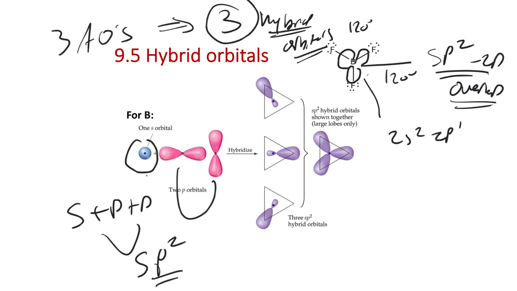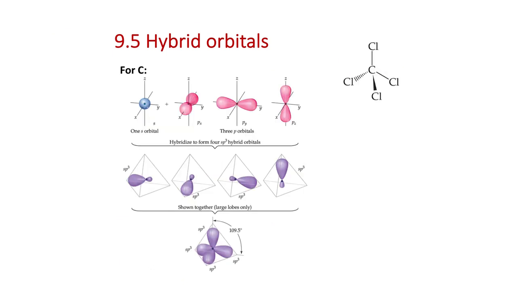And we just look at our domain geometry. So trigonal planar, 3 domains, needs to go trigonal planar. 2 domains needs to go linear, sp hybridization. Okay, so where do you think we go next? So where do you think we go with 4 domains? Well, for 4 domains, we're going to be sp3. So when I look at CCl4, we might remember it has a tetrahedral geometry, 109.5 degree angles.